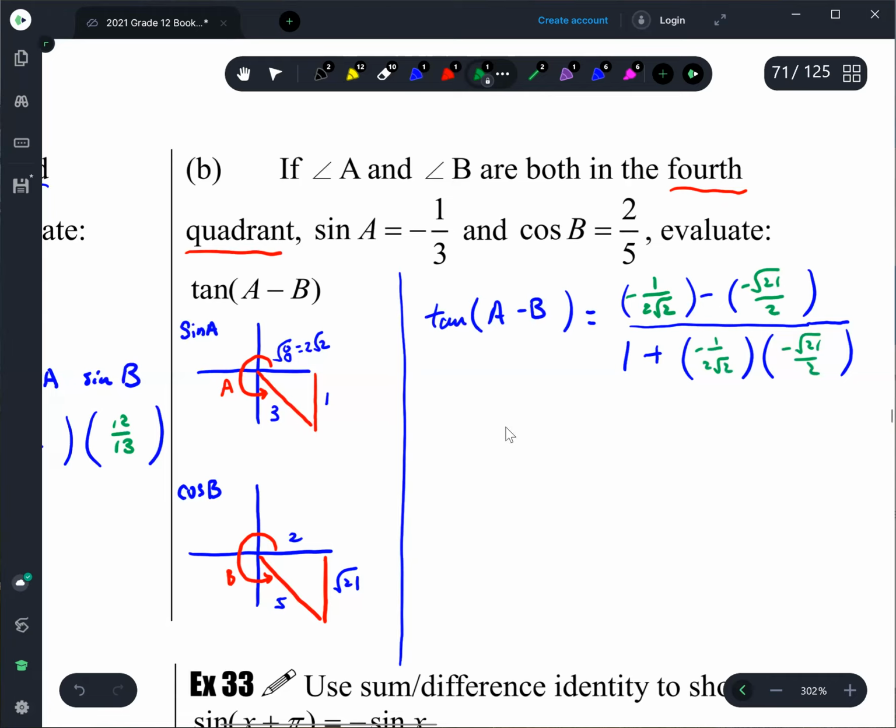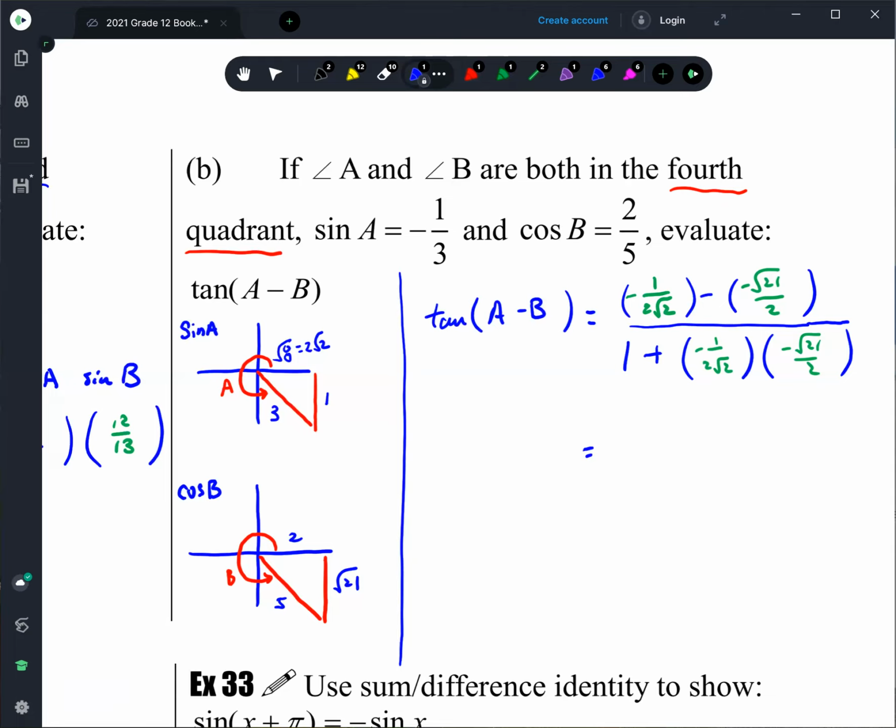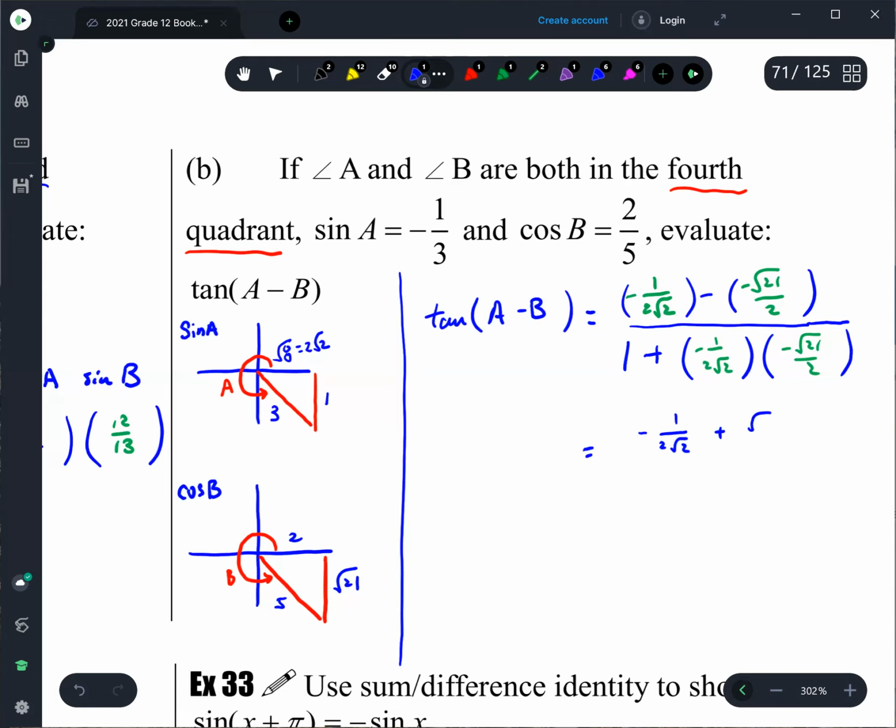Okay, so everyone should have got here by now. But then the problem is how to simplify it. Let's simplify the top first. The top has a subtract a negative, so we're just going to write it as plus, right? So 1 over negative 2 root 2 plus root 21 over 2.